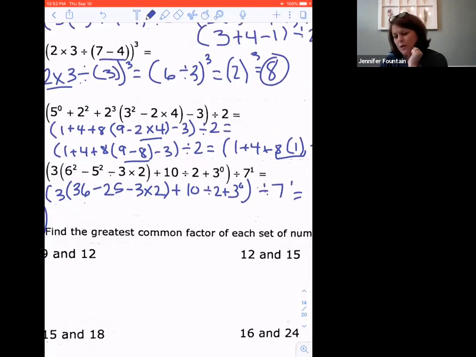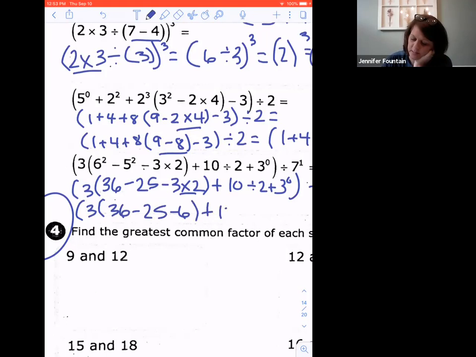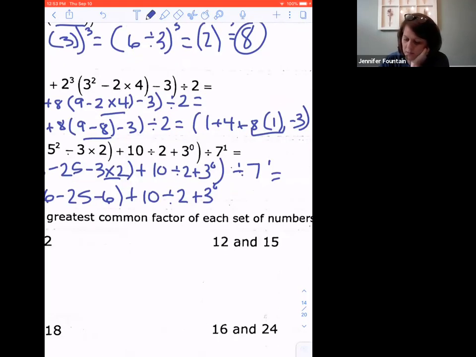All right, so still working inside those parentheses, I have subtraction and multiplication. So I keep my 3 here. I'm going to multiply first. So I have 36 minus 25 minus 6 plus 10 divided by 2 plus 3 to the 0 divided by 7 to the first.